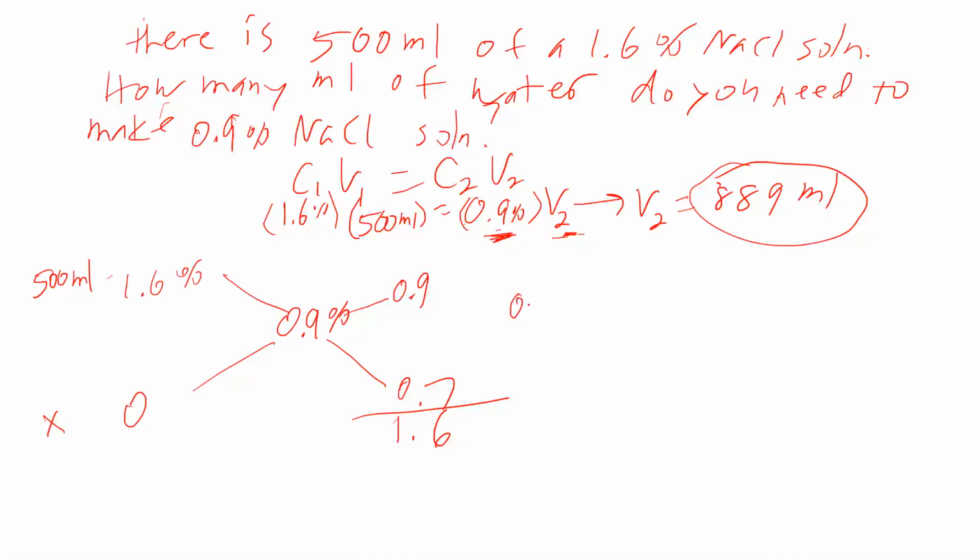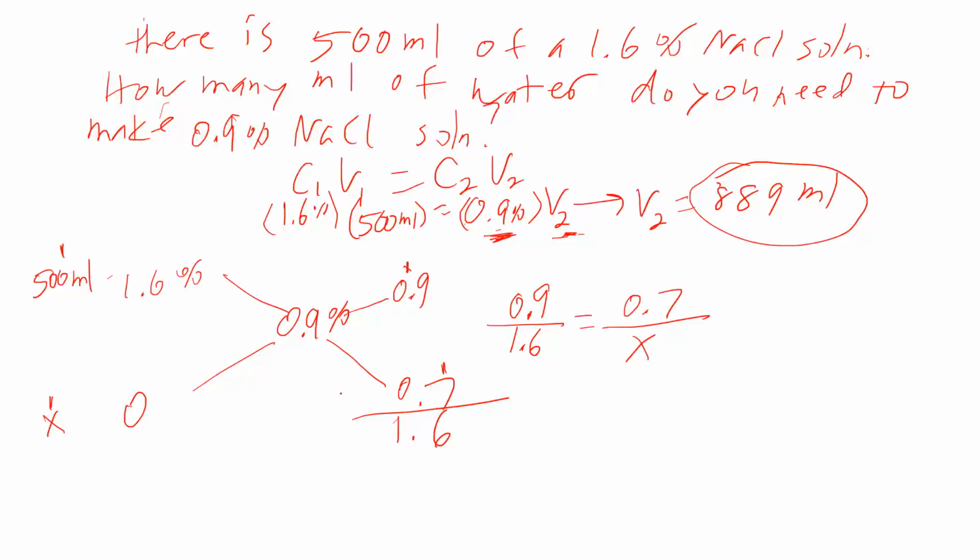So 0.9 parts over 1.6 equals 0.7 over X. Because we know this one over this one is equal to this one over this one.